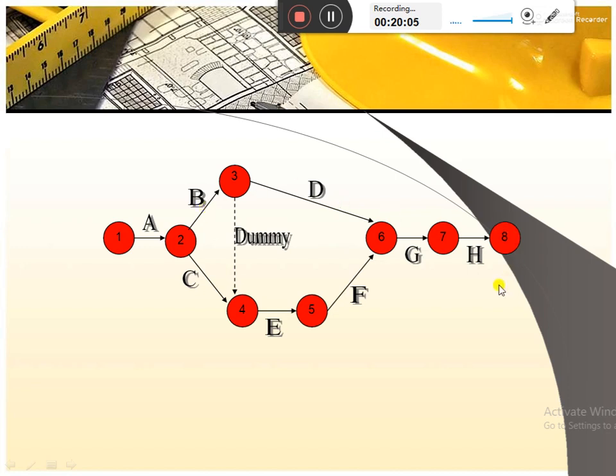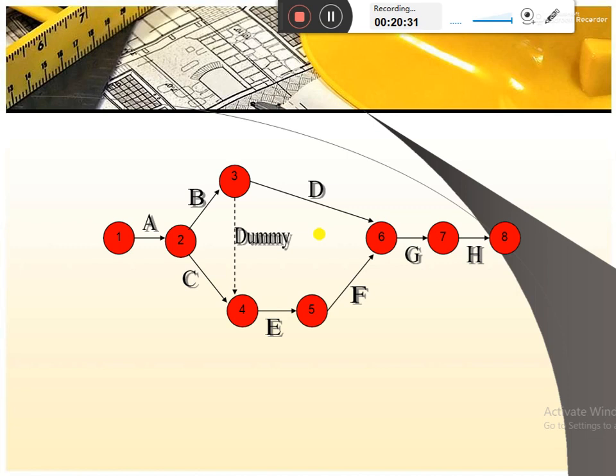Similarly, if you talk about activity F, the immediate predecessor would be activity E, and the distant predecessors would be activity C and activity A. Similarly, for activity H, the immediate predecessor would be G, and the rest of them would be the distant predecessors. So we should keep in mind this concept while drawing any network.